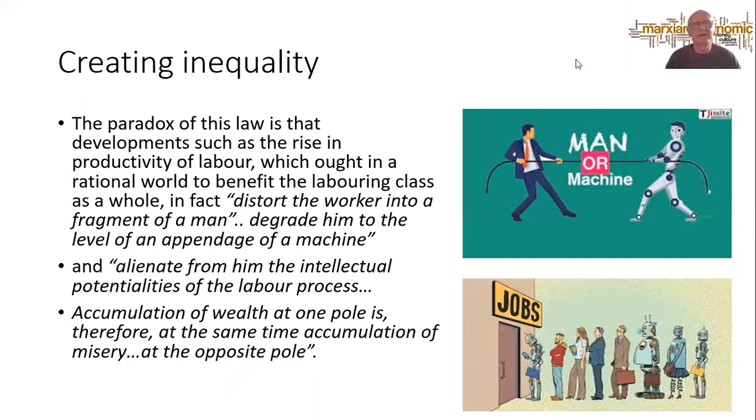They're degraded to the level of an appendage of a machine, and they're alienated from the intellectual potentialities of the labour process. And as a result, because of the accumulation of capital, which is represented in the machinery, the factories and so on, a massive expenditure in that area, there's an increasing accumulation of wealth at one end and a level of minimum living standards at the other end, between the owners of capital on the one hand and the owners of labour power on the other hand.